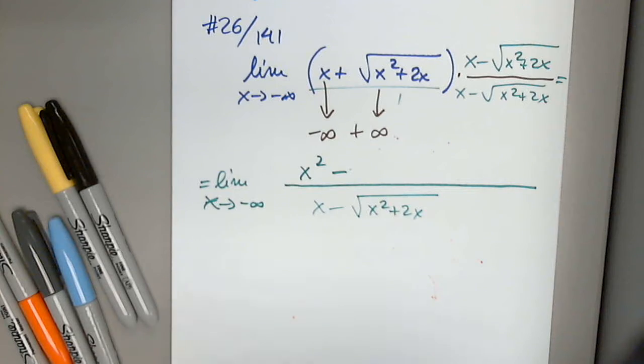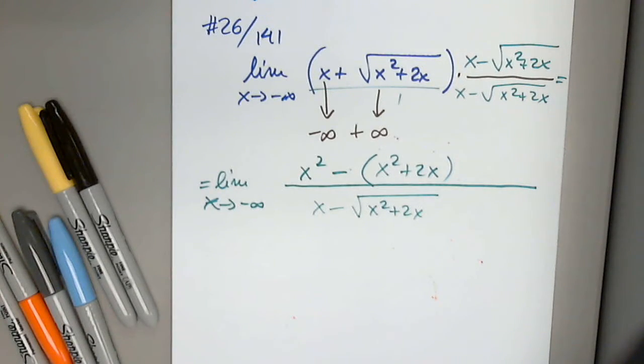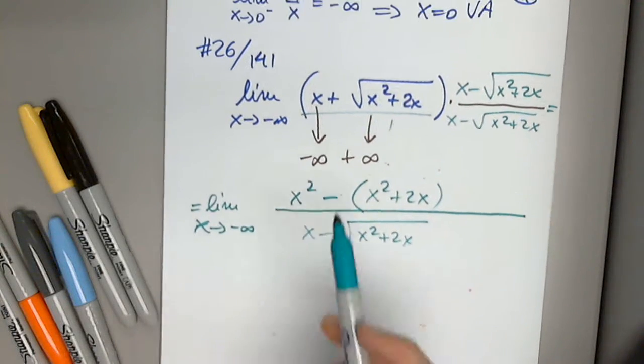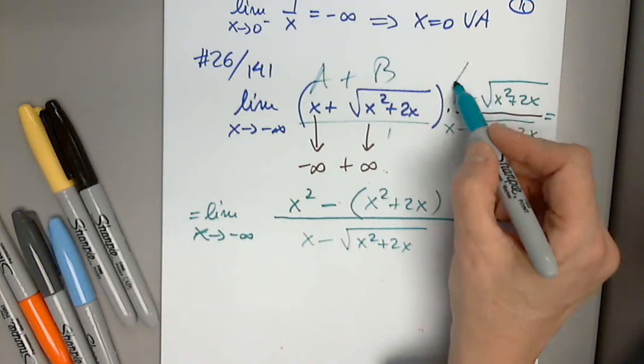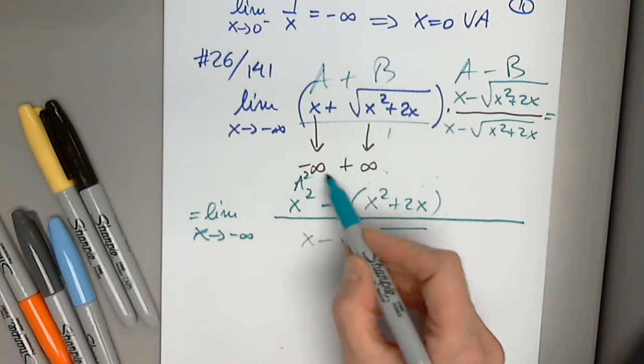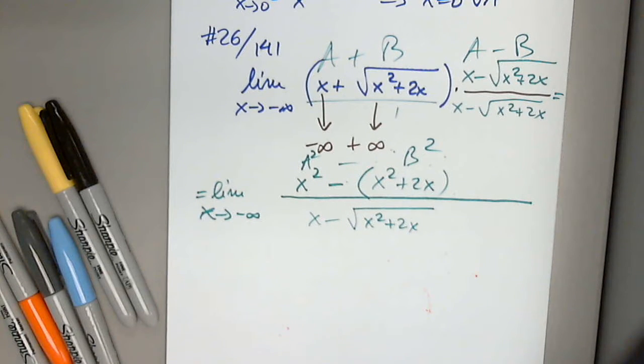Let's put parentheses so that we don't make a mistake. x squared plus 2x. Very good. Are we okay so far? Yes, everyone? First term squared minus the second term squared. A plus B times A minus B is A squared minus B squared. Is that better, everyone? Perfect.